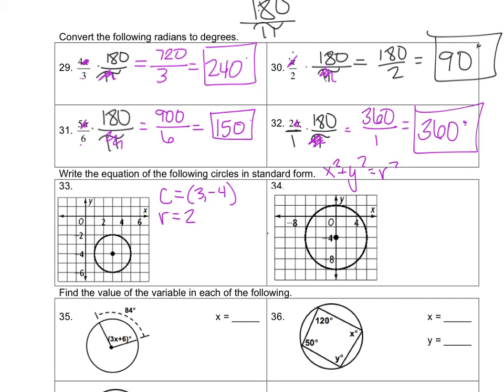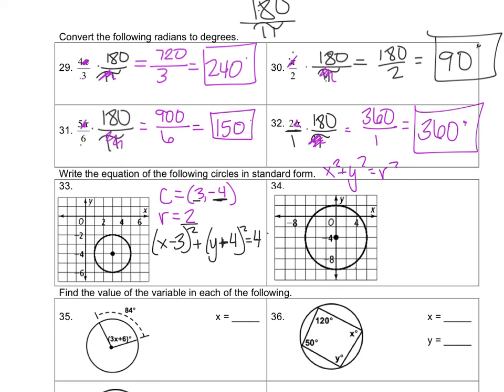Okay, so in parentheses, I'm going to do x minus my x value, which is 3, squared plus y minus. Now, my y value is negative 4, so when I put a minus and a negative right next to each other, it's going to change to a positive 4 squared equals. Now take your radius squared. 2 times 2 is 4. So that is your equation.